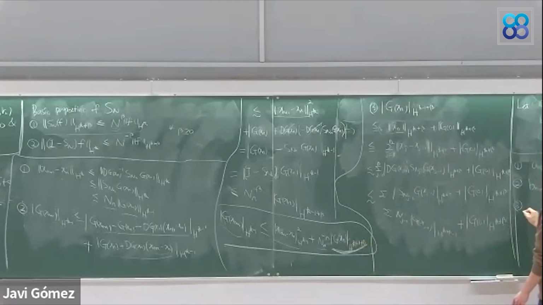And from 3, we get that c_n is less than or equal to the summation of j from 0 to n of N_{j-1} times c_{j-1} plus some value that depends only on k and beta.